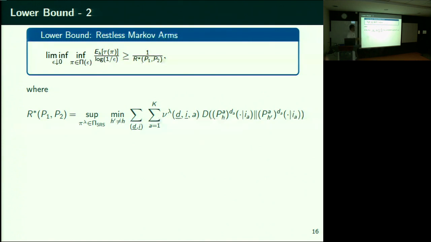So there is a certain nearest alternative to your true hypothesis, that is your min over all H prime. You need to battle against the nearest alternative. That is, you need to guard yourself against identifying the nearest alternative. So you need to select according to a certain policy that keeps your nearest alternative as far away as possible. If you do that, you will be able to identify the odd movie in this much. This is the growth rate of the time you take to identify the odd movie.